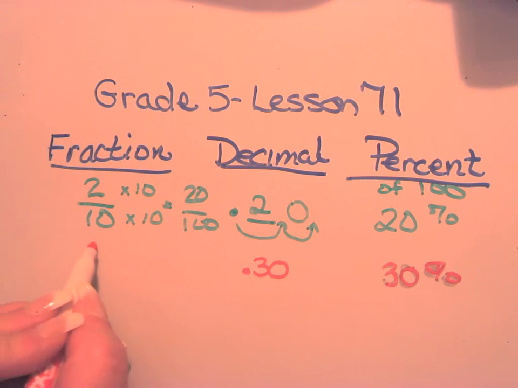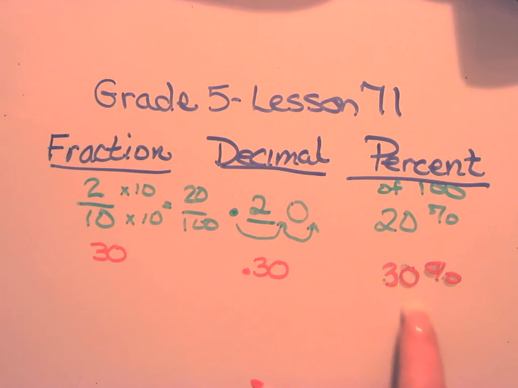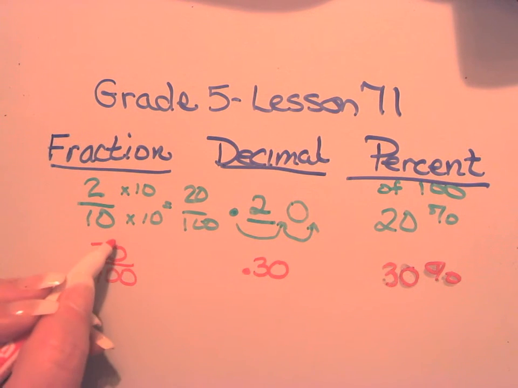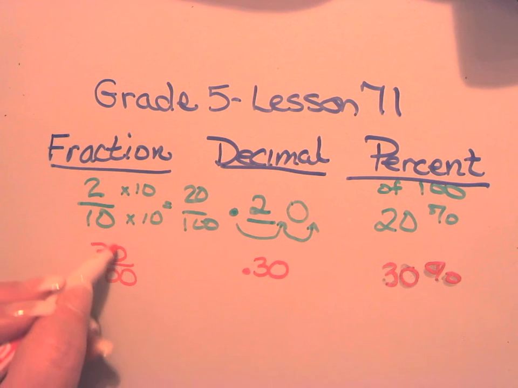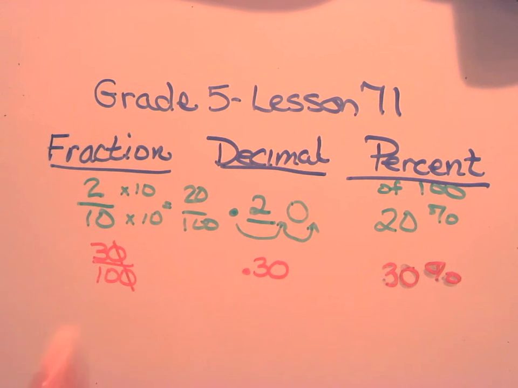So I can take that 30, that's my numerator, and then I have out of 100, that's my denominator. So my fraction would be 30/100ths. I can also drop those zeros off because I have 2 of them, they match up. It would be the same as 3/10. So 3/10, 30/100ths, those are all the same type of thing. Okay.